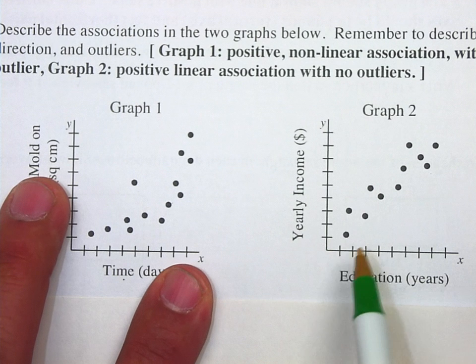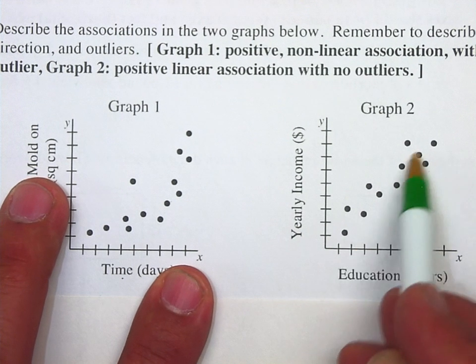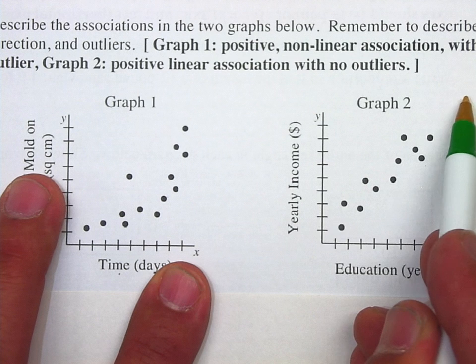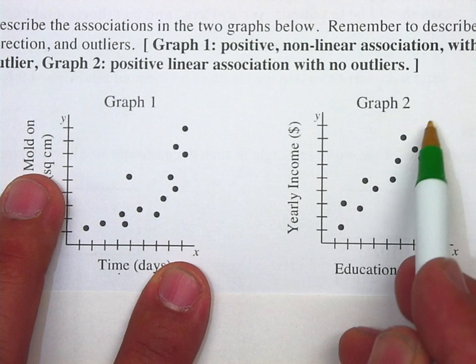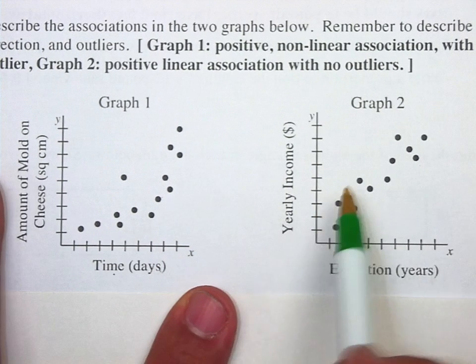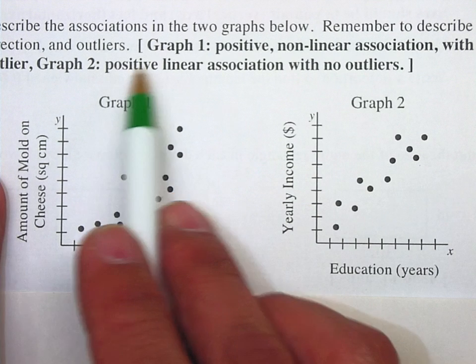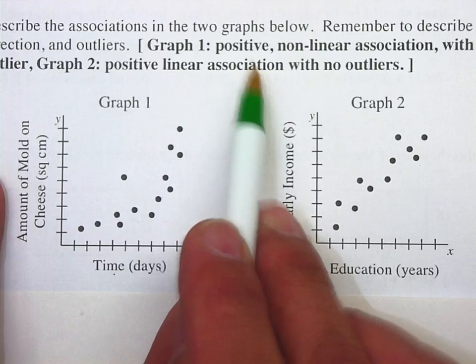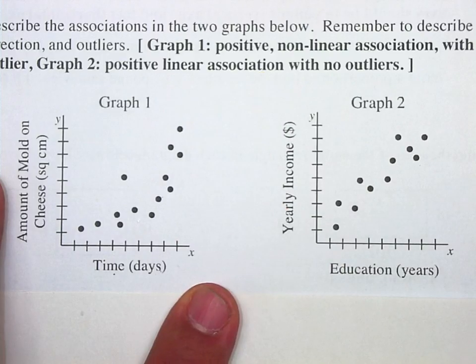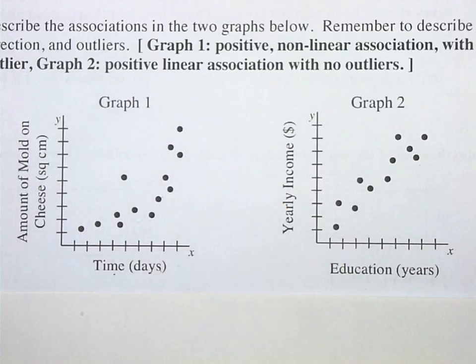It doesn't curve or anything, and it's not going up like the other graph. You see it's a scatter plot, so it's a positive linear association with no outliers. That's it. That's that one.